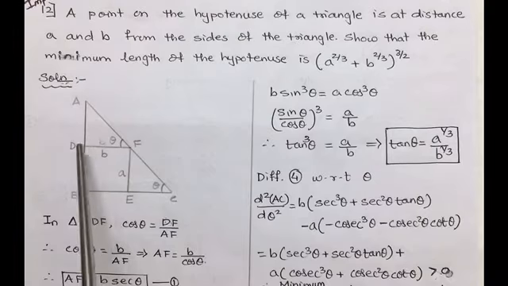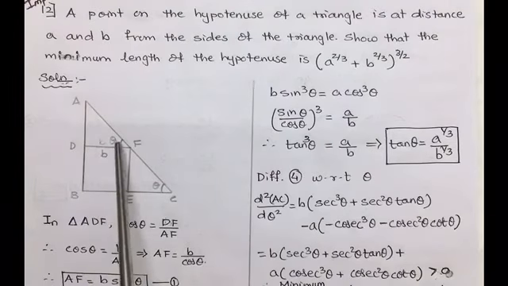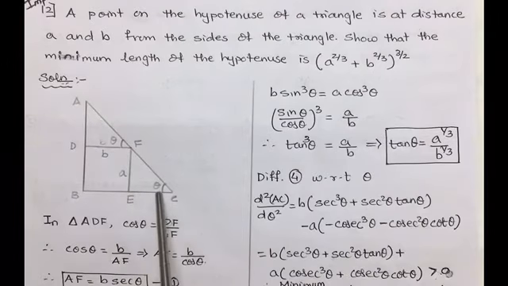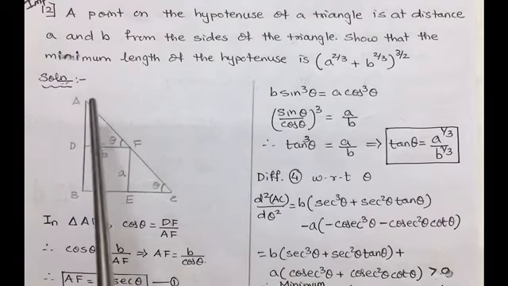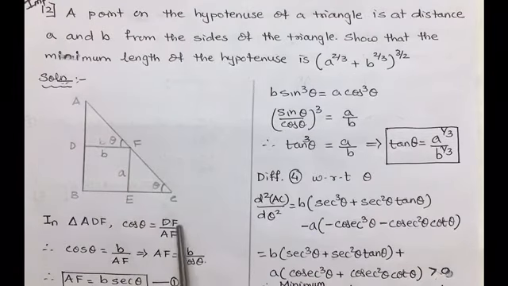Taking up the triangle ADF, marking the angle as theta. If this angle is theta, this will also be theta, as the lines are parallel. So taking cos theta, we get base upon hypotenuse, that is DF upon AF.